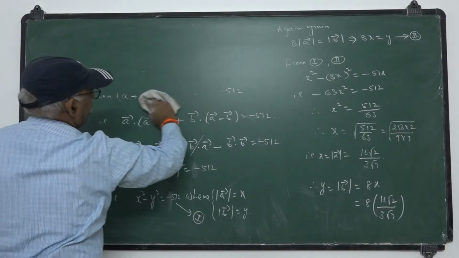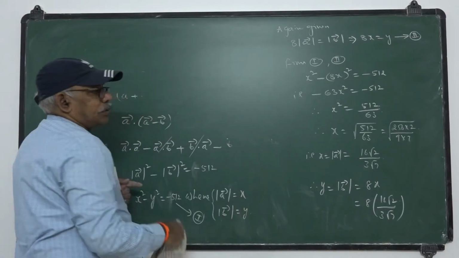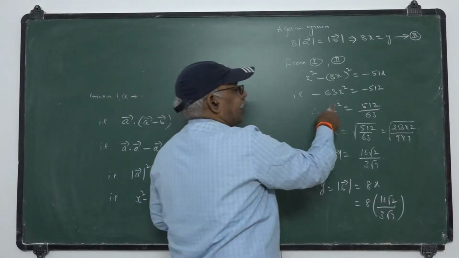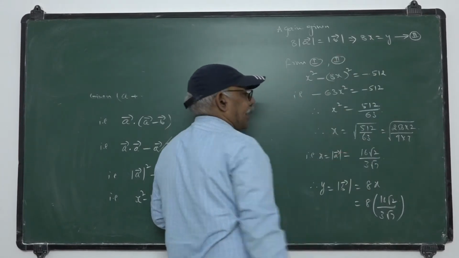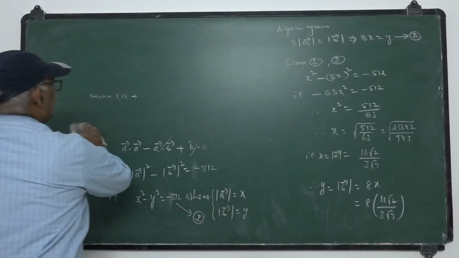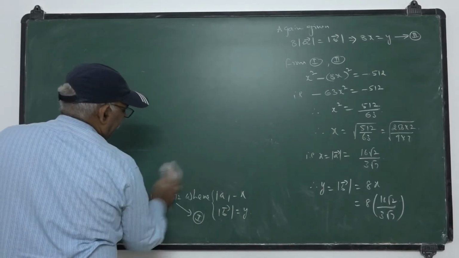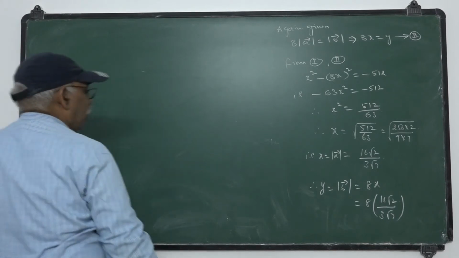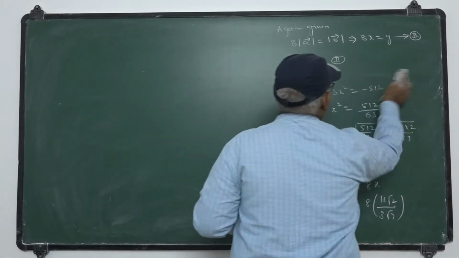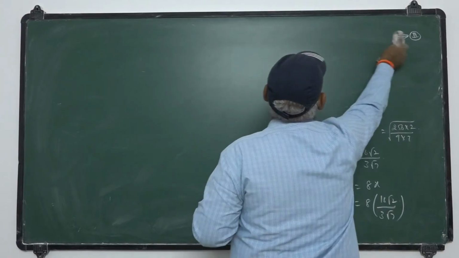X square cannot be negative. To make x square positive, I am taking the negative sign here. Actually, the given problem has a little bit of a flaw.